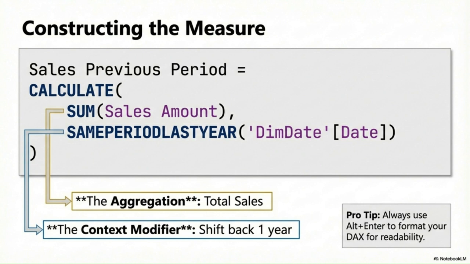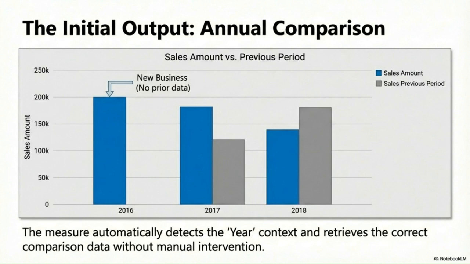What this does is takes the current filter context, moves it 1 month backward, and calculates sales for that period. For example, if your report shows March 2024, Power BI will automatically calculate February 2024. You do not need to manually calculate dates. Power BI handles everything internally using the date table.